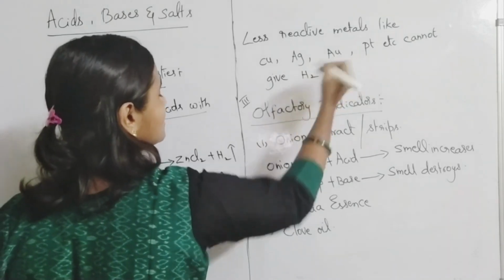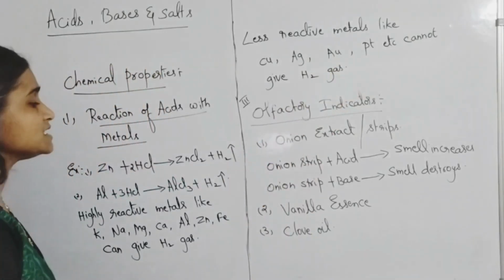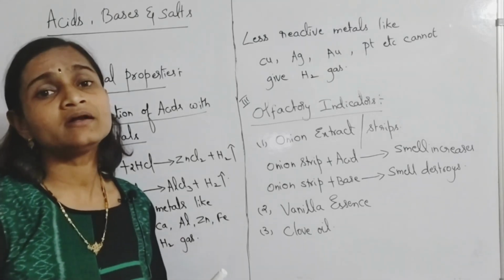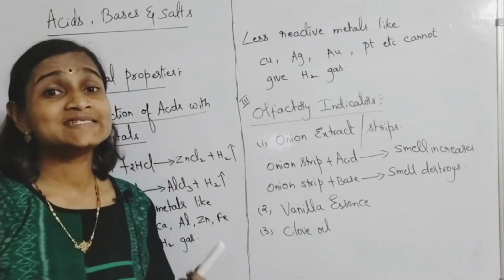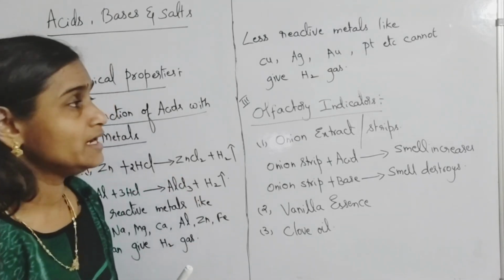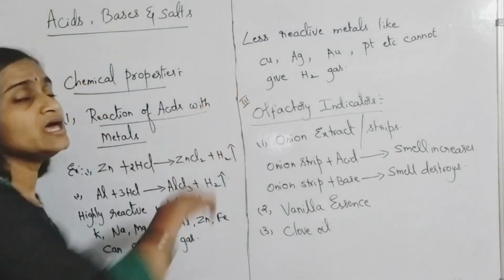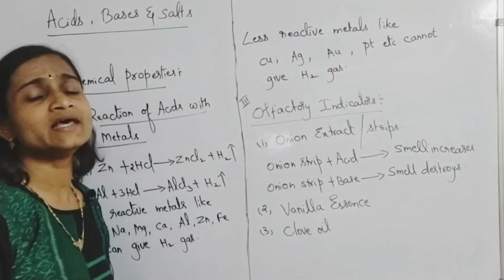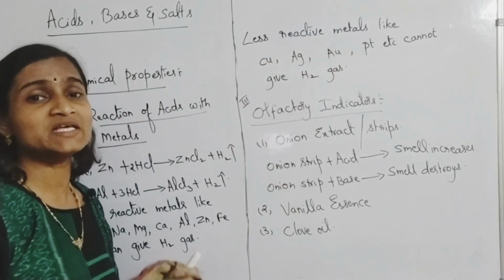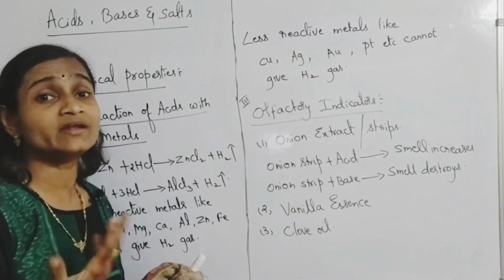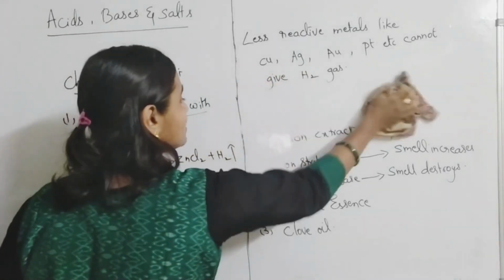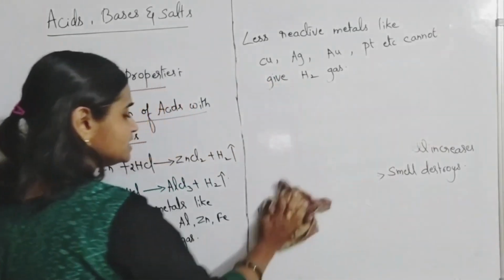Please remember this point. If you take Cu plus HCl, hydrogen gas may be liberated, but a very small amount, because copper is a very least reactive metal. Even platinum and gold are very less reactive metals. That's why we call them noble metals. They generally don't react. So please remember this point.